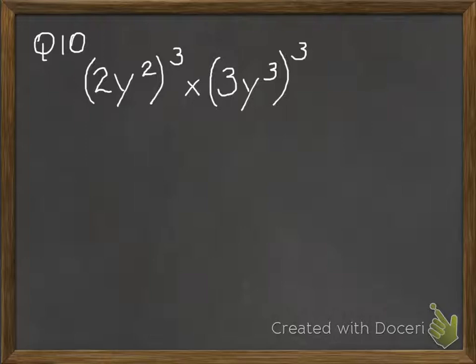Okay, this is just like the previous problem, only we're going to apply the power rule to this first term and to this first factor and to the second factor.